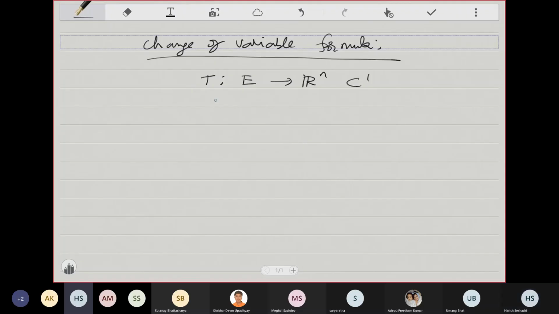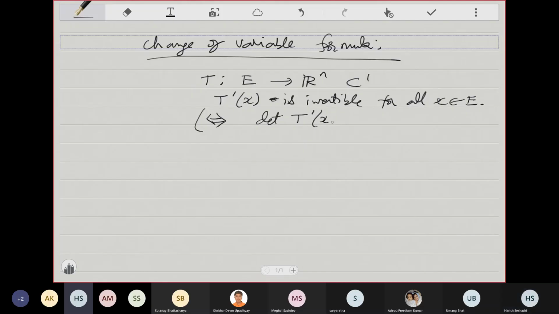C1, and here is the assumption which is really not needed. T prime x is invertible for all x in E. As we'll shortly see, this is the same thing as saying determinant of T prime x is not equal to 0 for all x in E. Then now we come to the function which is being integrated.